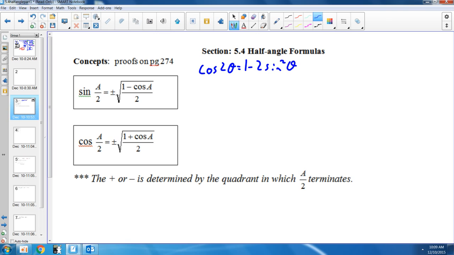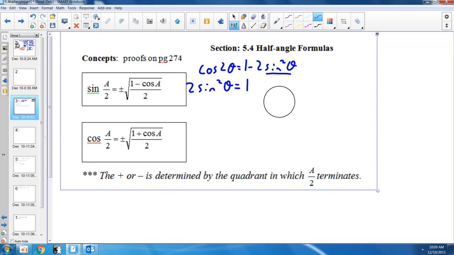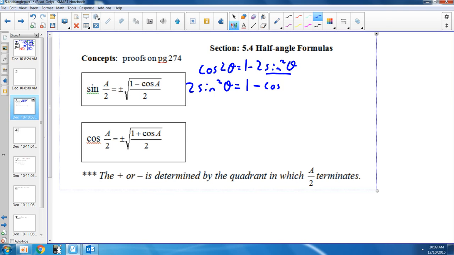And when I solve for this sine theta, I'm going to get that by adding 2 sine squared theta and subtracting, actually this is a minus sign here, minus cosine 2 theta.